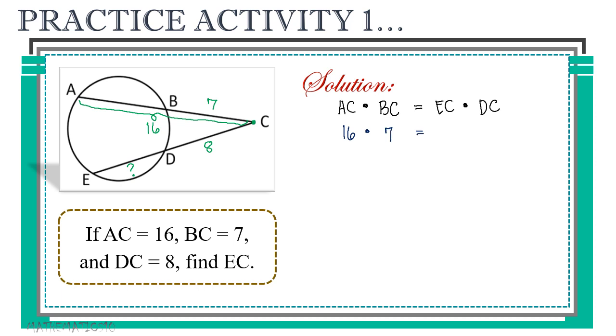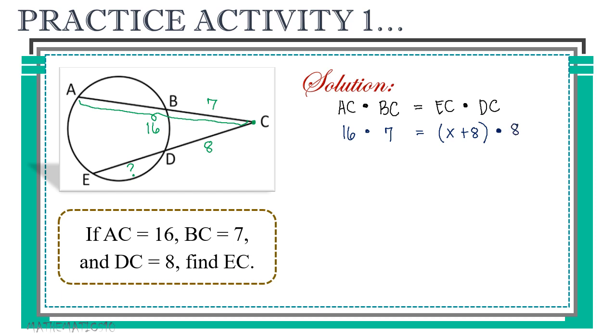Okay, next we have for our EC. Since we don't know yet the measure of segment ED, which is supposed to be added to 8, let us represent it first using variable x and then added by 8. So this would be the measure of the segment EC multiplied with DC, which is 8.